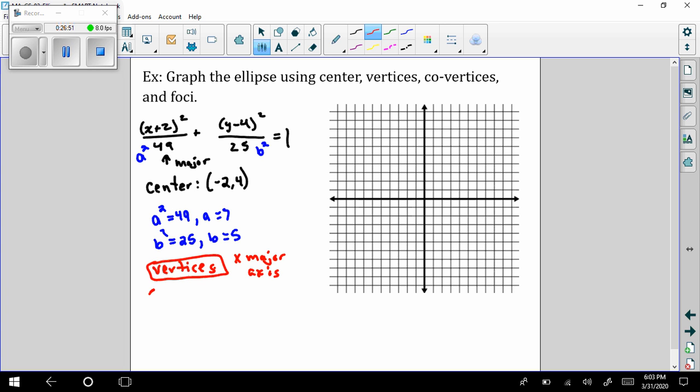My vertices are going to be at -2, and I have to add A, so plus or minus 7. My k value of my center doesn't change. So I get -2 plus 7, which is 5, 4. And I get -2 minus 7, which is -9, 4.